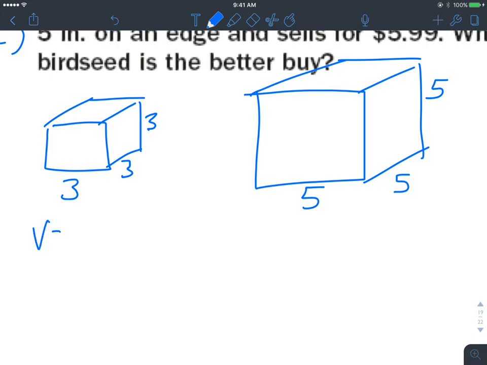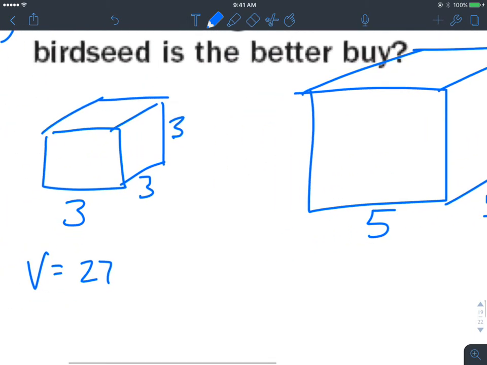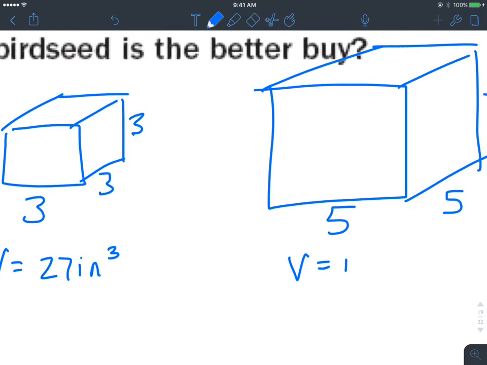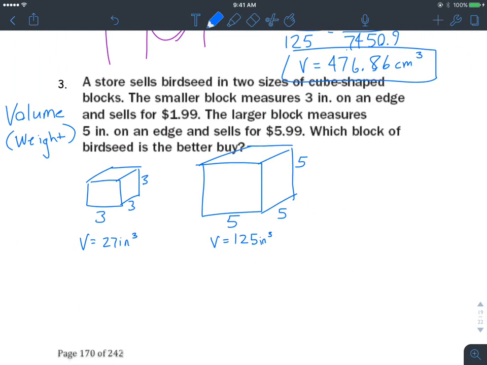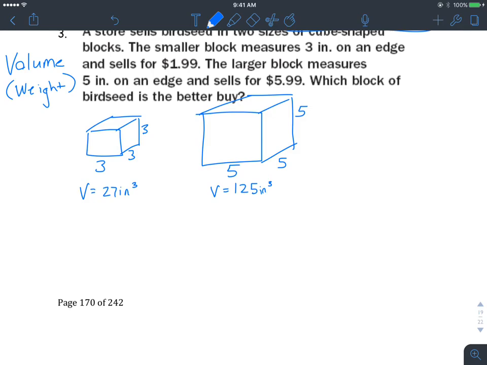For the volumes, it's 3 cubed essentially. So that's just 27, and whatever the units are, inches cubed. And then the volume of this brick right here would be 125 inches cubed. So you get a significantly larger volume out of that one when you increase the sides.